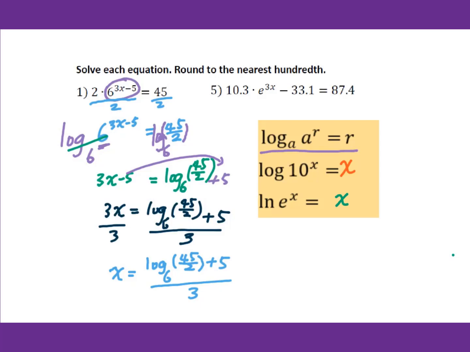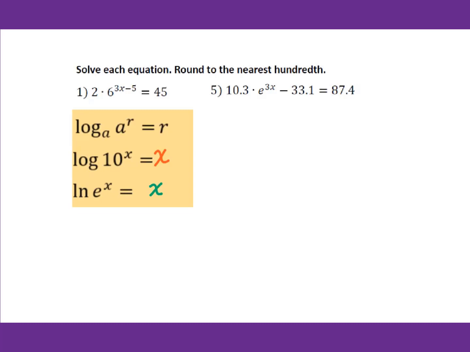After we put into calculator, you will get 2.25.